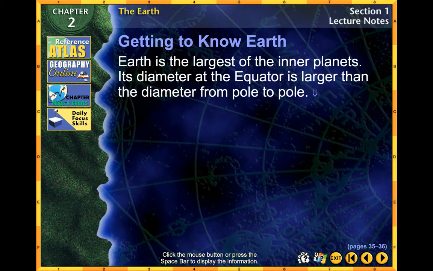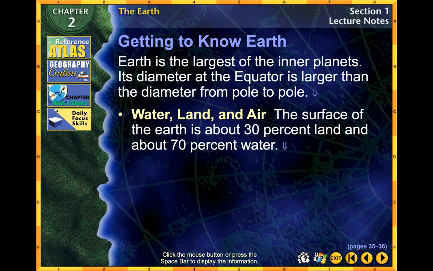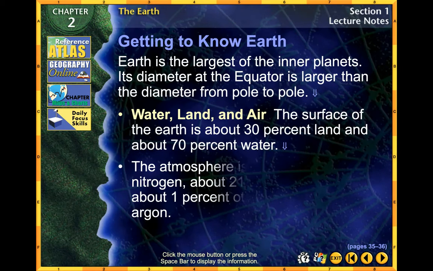Okay. Now, the Earth is actually the largest of the inner planets. Its diameter at the equator is larger than the diameter from pole to pole. So while we're a sphere, we're more oval than an actual circle. The Earth is built up of about 70% water with 30% land, but most of that water is undrinkable. It's mostly salt water from the oceans.